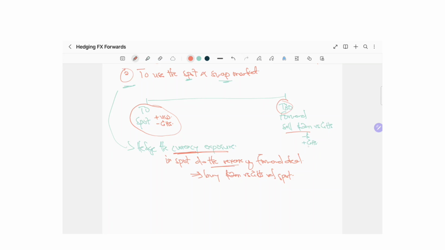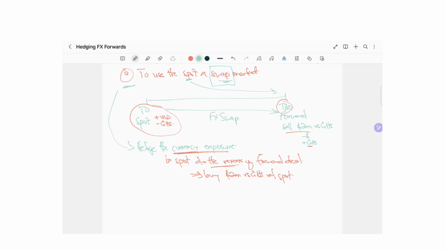You would only be receiving CDs in 30 days time. And that is where you would have to utilize the swap market to move the spot transaction into the future. So the swap market will pull this deal into the future to help you hedge it in the future. And that's where we'll use the FX swap.